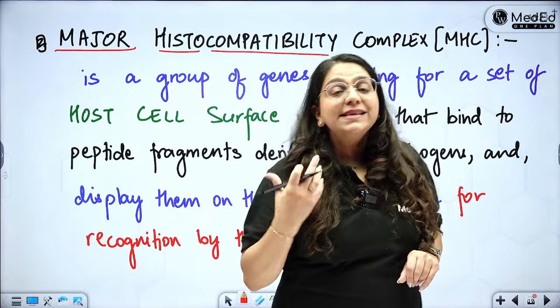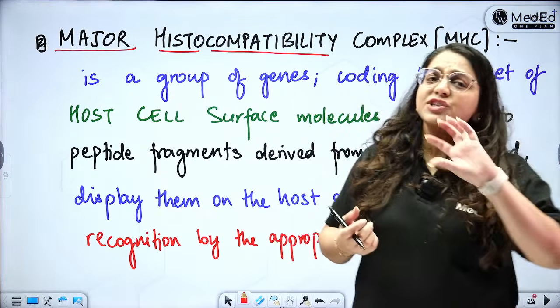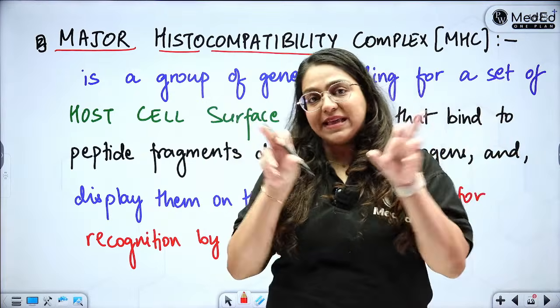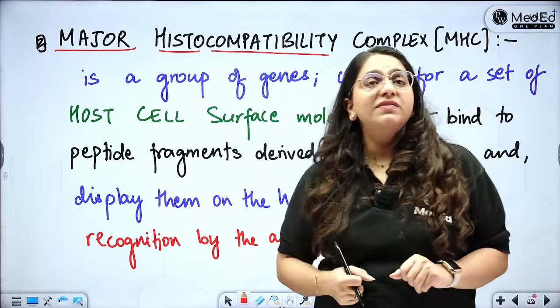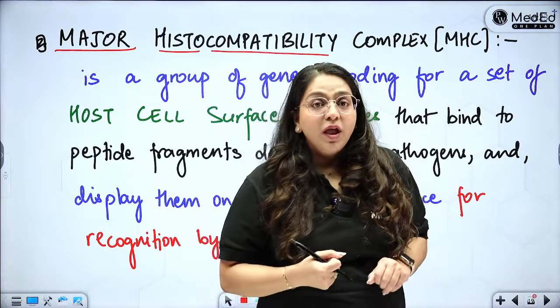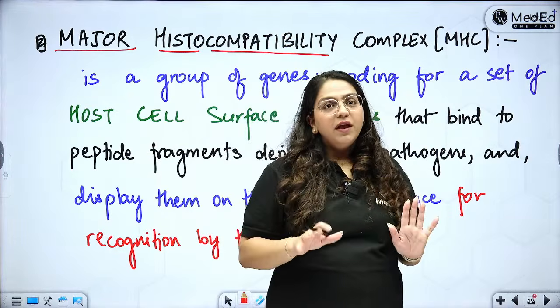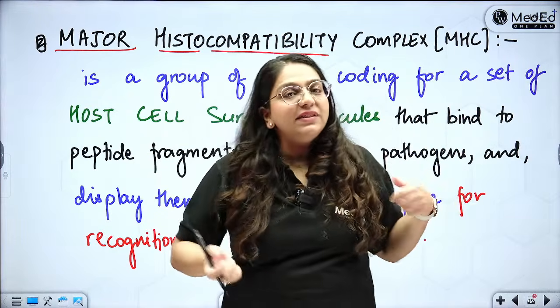There is a certain set of genes which create certain proteins which determine whether two cells are compatible with each other or not. For a person to stay stable, compatibility is needed. All the cells should not start fighting with each other.